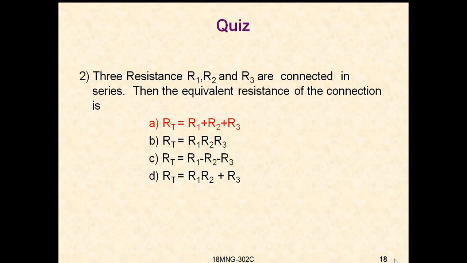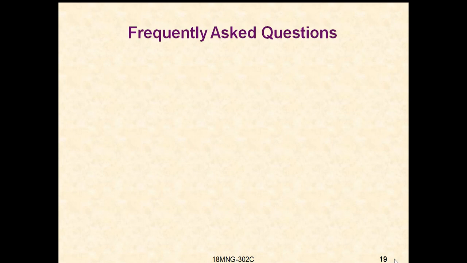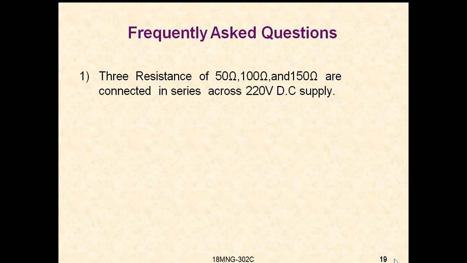A is the answer. Now let us see some frequently asked questions from this presentation. First question is, three resistances of 50 ohms, 100 ohms and 150 ohms are connected in series across 220 volt DC supply.